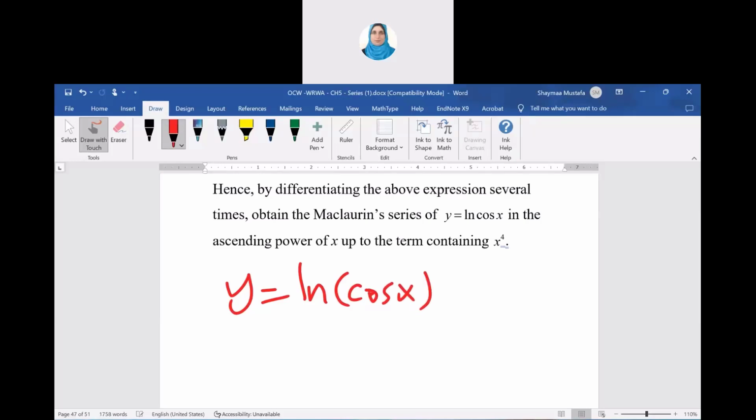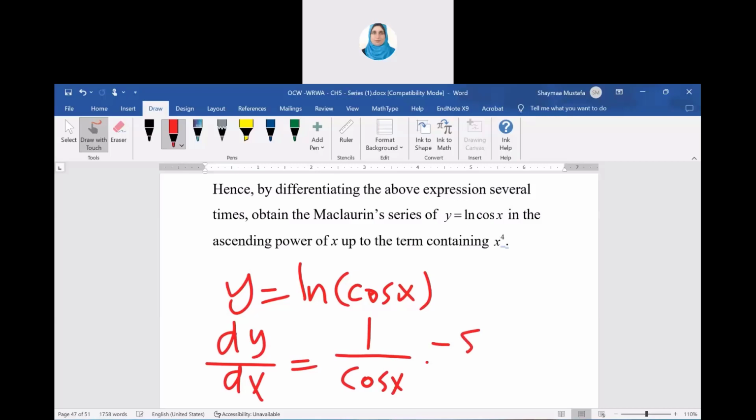Y is equal to ln cos x. So dy over dx is 1 over cos x multiplied by the derivative of cos, which is minus sine x. So this is minus tan x.